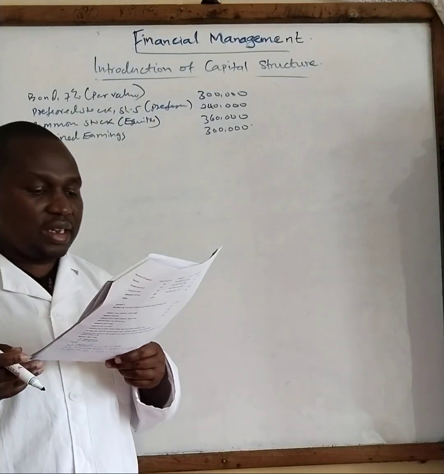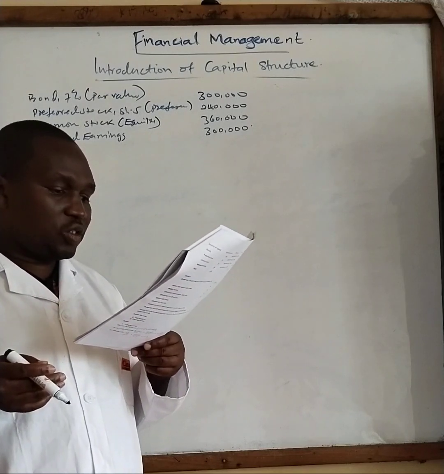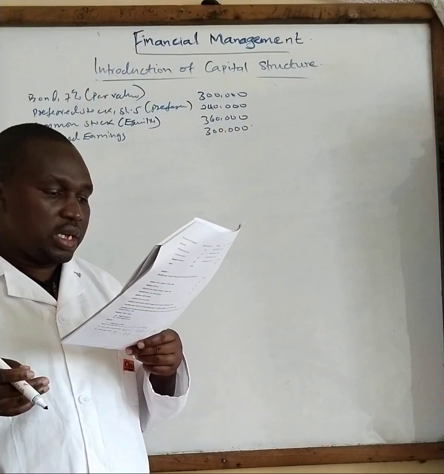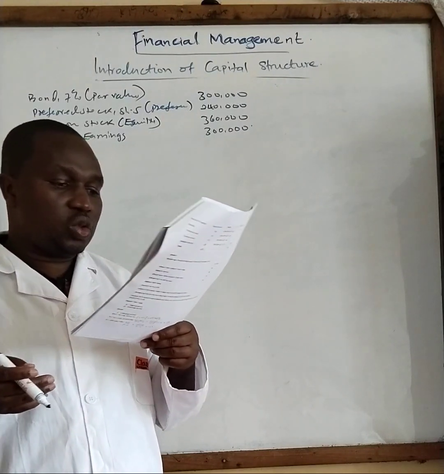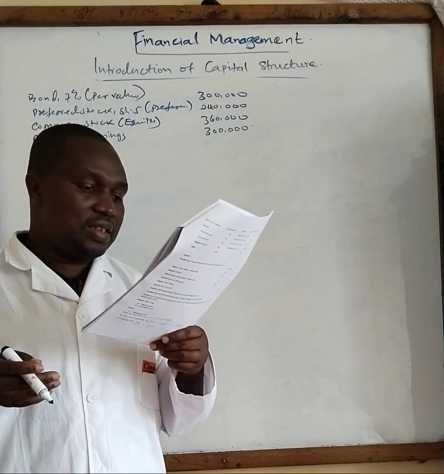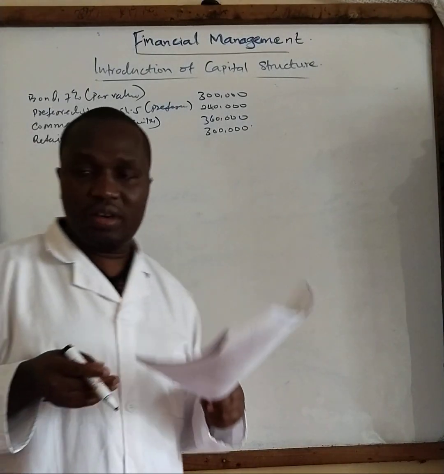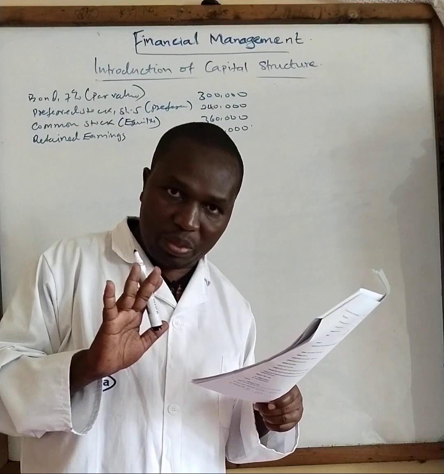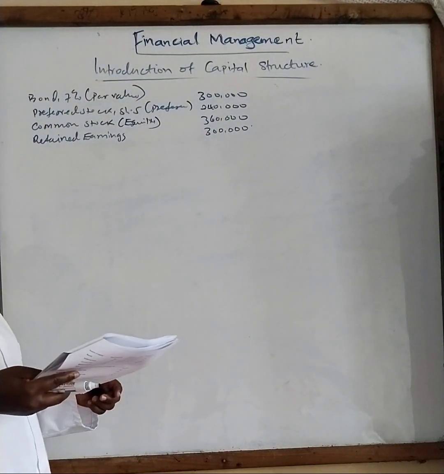Required, calculate A, cost of bond, B, cost of preferred stock, C, the cost of retained earnings, D, the cost of new common stock, E, weighted average cost of capital. So our work is simple. First, this is our capital structure, correct?